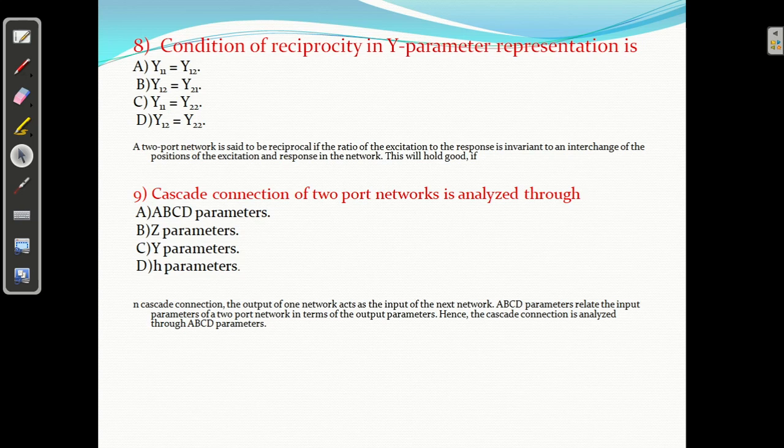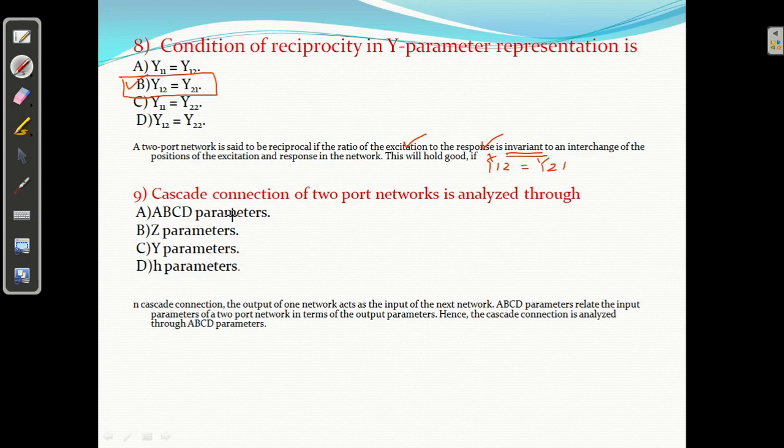A two-port network is said to be reciprocal if the ratio of the excitation to the response is invariant, meaning no change, to an interchange of the position of the excitation and response in the network. We have already studied this. So under which condition will it be reciprocal? Yes, y12 equals y21. If admittance y12 and admittance y21 are equal, then it is a reciprocal network, right? Okay, question number 9.